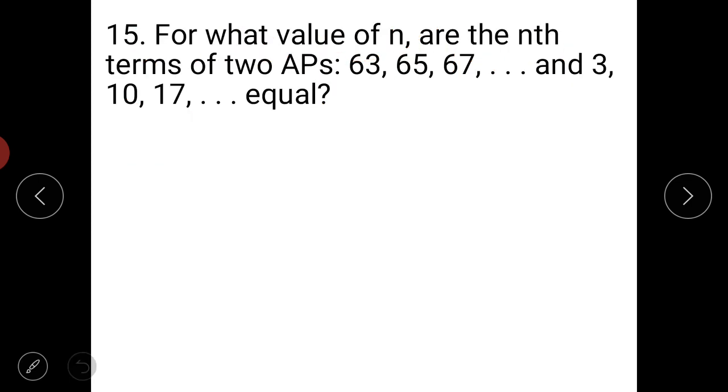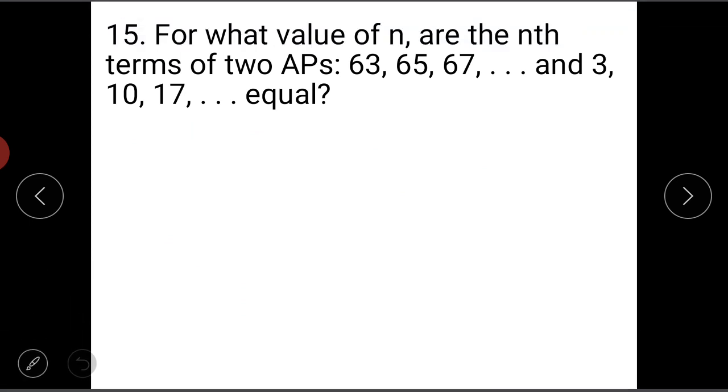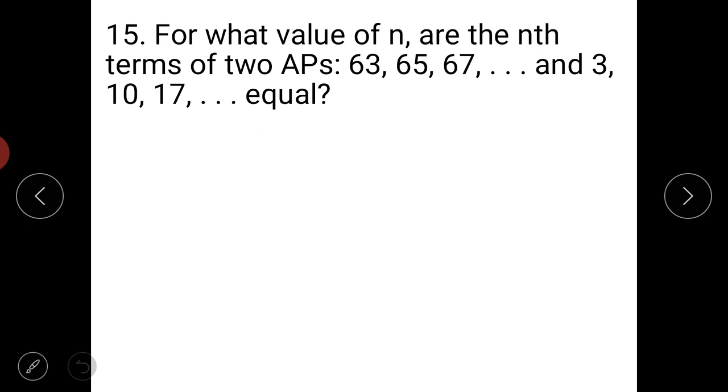Next we will go for: for what value of n are the nth terms of two APs equal? We have to find the value of n for which both the APs have equal nth terms. So let both the APs' nth terms be equal.